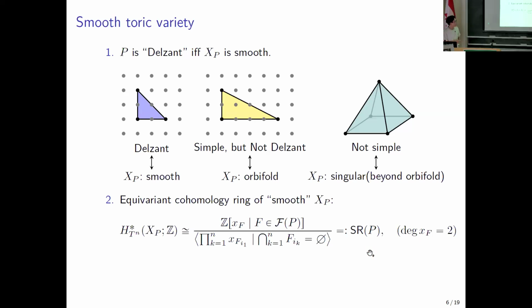The Stanley-Reisner ring is nothing but a truncated polynomial ring, where the variables correspond to the codimension 1 faces. This F(P) is my notation for the set of codimension 1 faces. And the ideal is generated by square-free monomials. Whenever you have a bunch of facets which do not have a common intersection, that monomial is going to be a generator for this ideal.